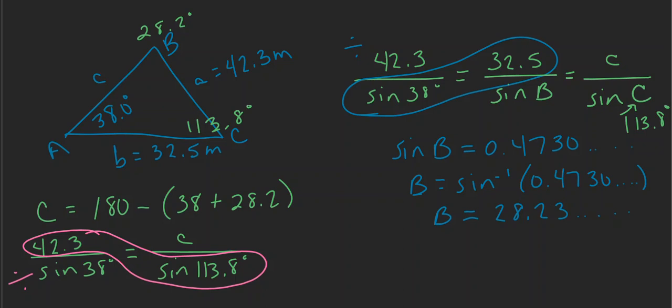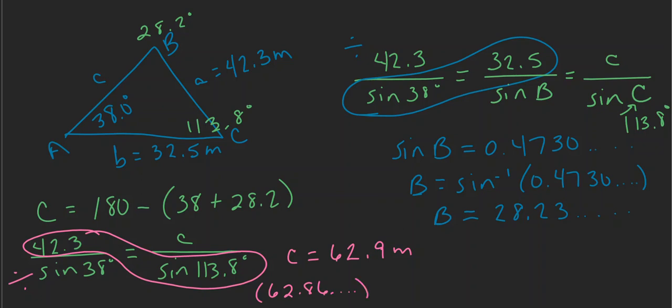So our sides are to 3 significant digits. So side C would be approximately 62.9, and that is because my unrounded number was 62.86.